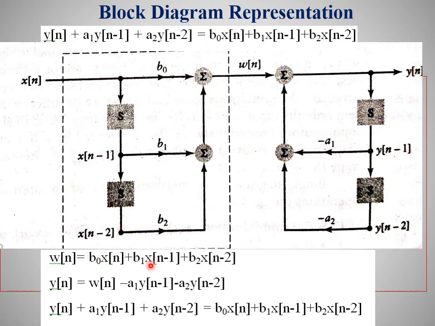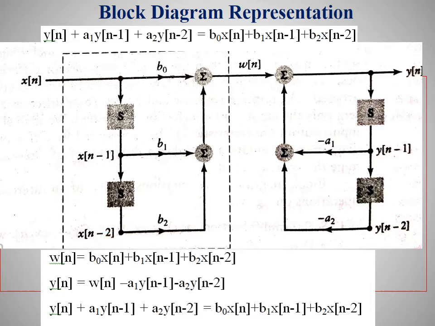Next we need two shifting elements, one to generate x of n minus 1, another to generate x of n minus 2. So we put a first shifting element here and generate the first input, namely x of n minus 1 from x of n. So this generates x of n minus 1. The next one, again we put another shifting element, hence we get it as x of n minus 2.